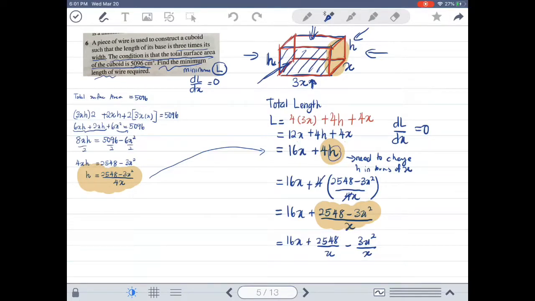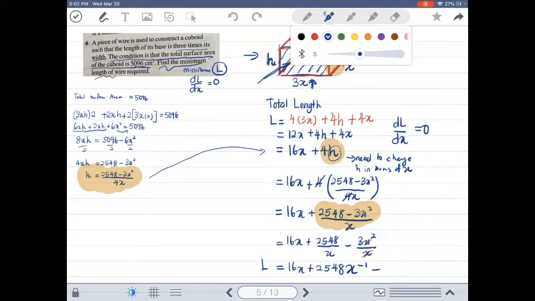And simplify even further. L should be 16x plus 2548 x to the power of -1 minus 3x squared over x, and x can be cancelled.